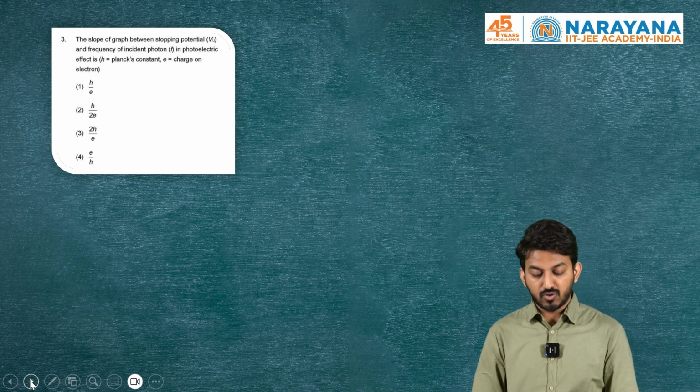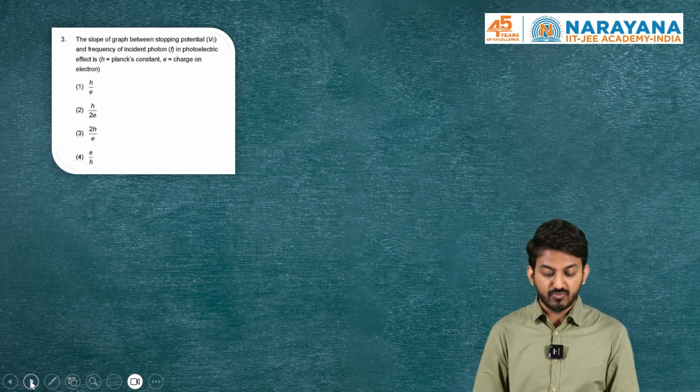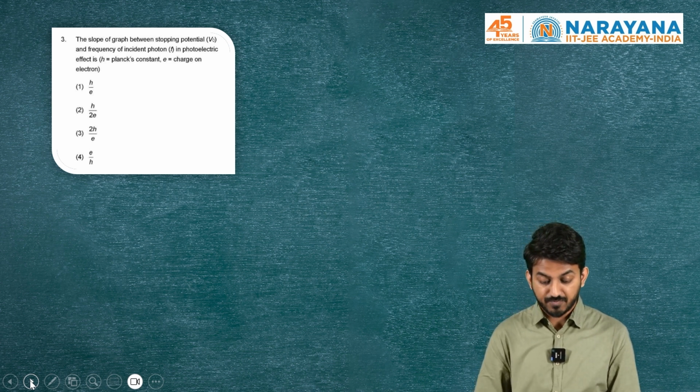Now this is about photoelectric effect. They're asking for the slope of the stopping potential versus frequency of incident photon graph.